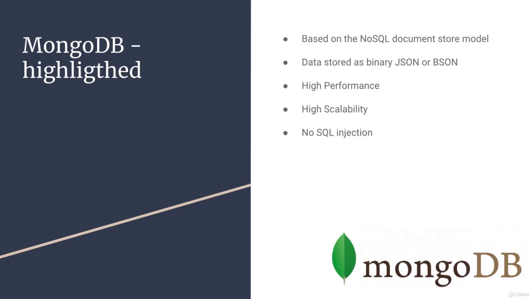Some of you might already be familiar with JSON because it's a very popular structure, and it is used a lot within APIs and JavaScript. If you don't know what JSON looks like, don't worry, you will be seeing such structure in the next lecture. Besides that, MongoDB also has very high performance, and it is highly scalable.